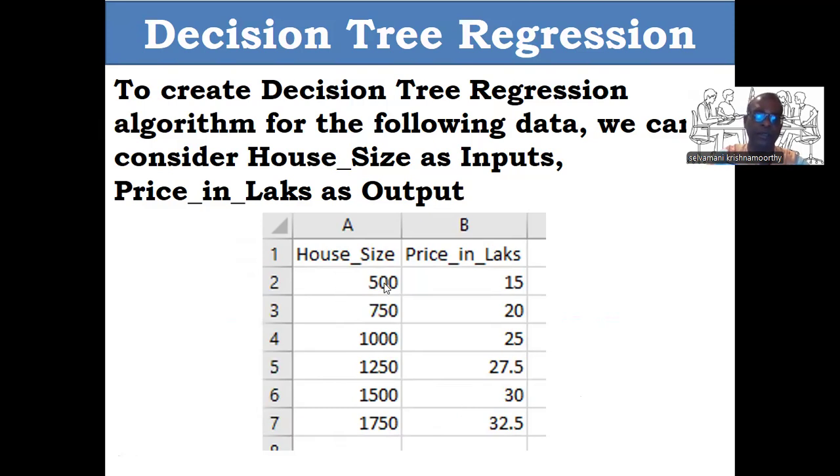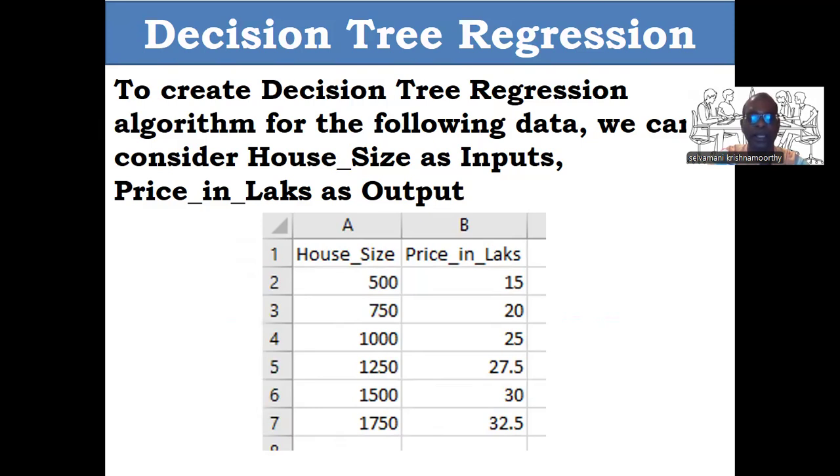Here, different house sizes are there, different prices are there. Then what will be the price of 600 square feet house? You know very well, it will lie in between 15 and 20 lakh. If it is a linear regression, it will give the price of a house of 600 square feet.